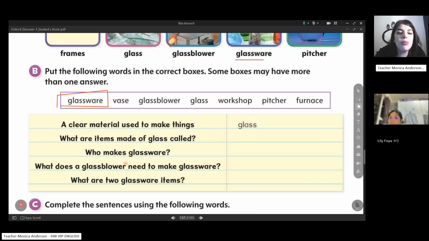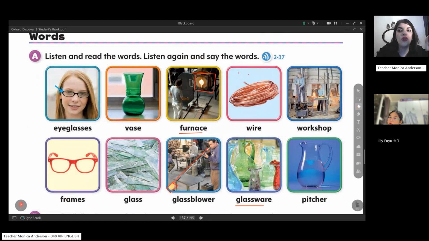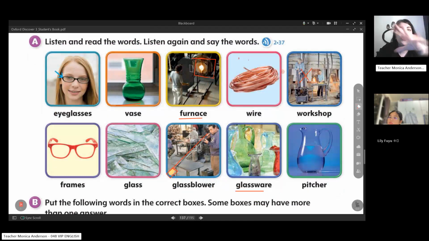And what does a glass blower need to make glassware? They need a place. Yeah, they need a room or factory. As I told you, this is a bit traditional.